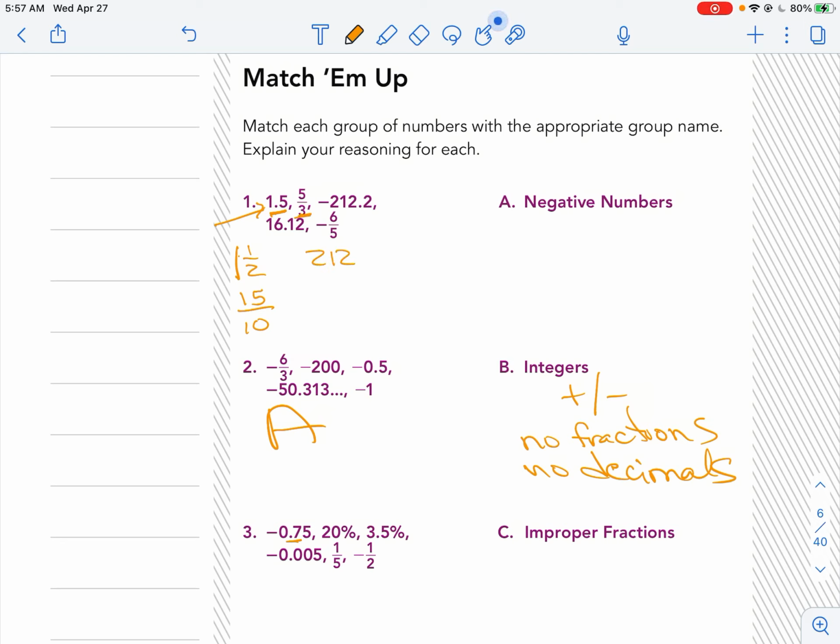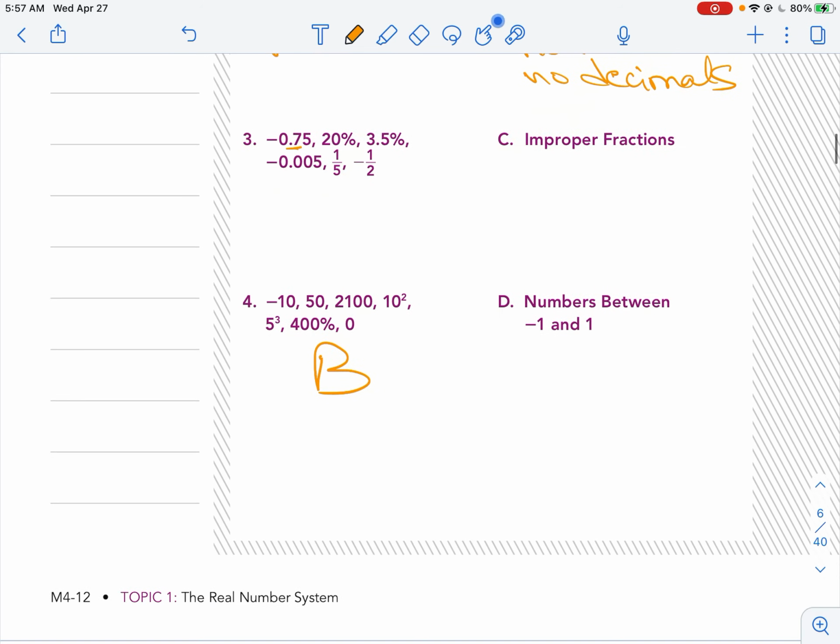This would be 2.12, or 212 over 100. So this group are improper fractions. And numbers between -1 and 1. So this is 0.2. This one is 0.3. There we go. And so this would be D.